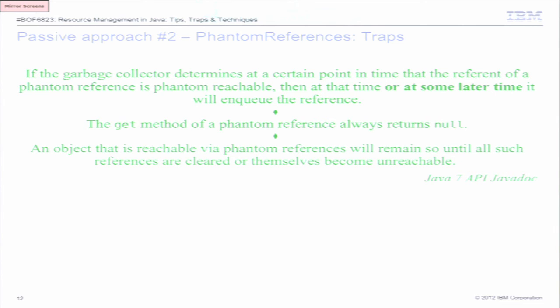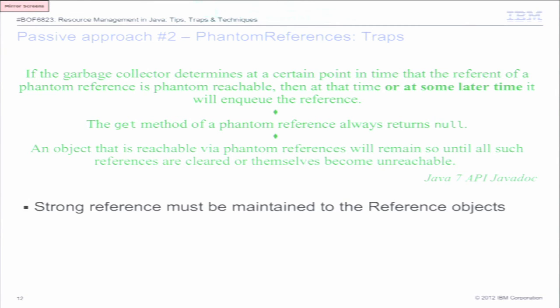And whilst that object is phantom reachable, the garbage collector won't actually free up the memory associated with that object, even though you can't get at it anymore. And I can only assume that there's some deep fundamental reason, from a VM's point of view, why that's a really good idea.